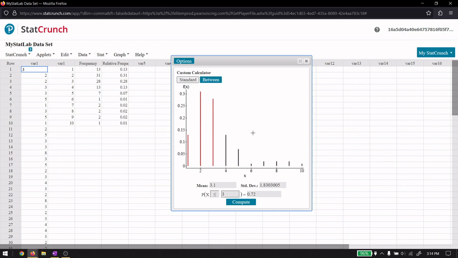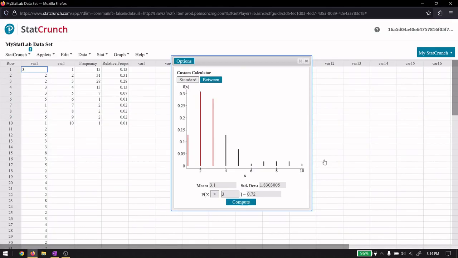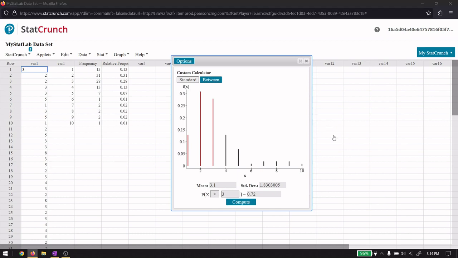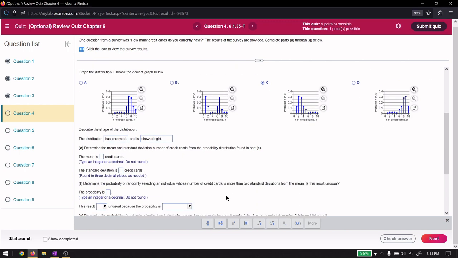So let's go ahead and find the correct graph there. I believe it looks like C. Yeah, goes down, up, and down, and it tails off to the right. So the distribution has one mode, has one highest point, and the tail's off to the right, so it's skewed to the right. It's always skewed towards the tail.